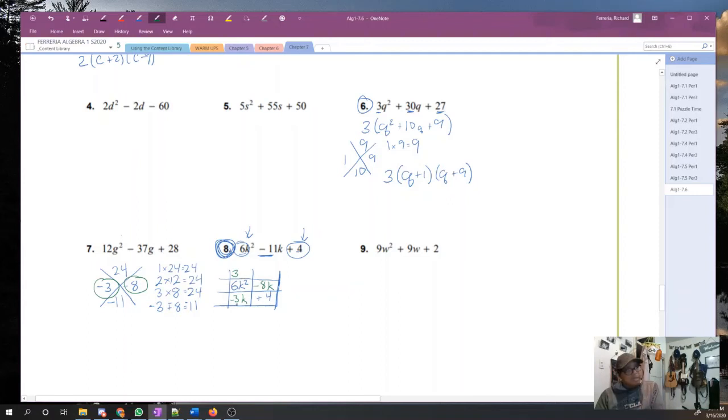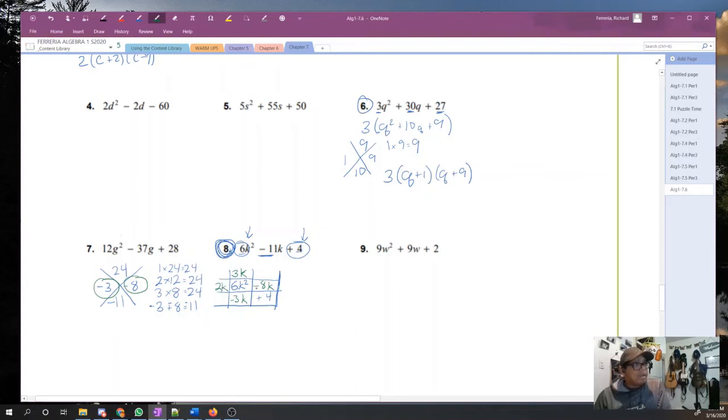So 3, and then they both have a k, so I'm going to go with a 3k. Now you can make this a little faster by saying, hey, if I divide 6k squared divided by 3k, what do I get? Well, 6 divided by 3 is 2. K squared divided by k is k. So I got a 2k there.